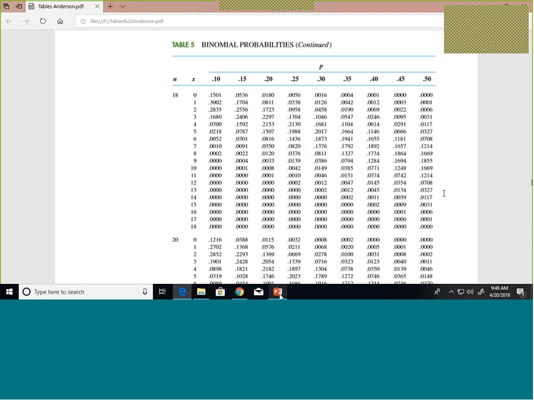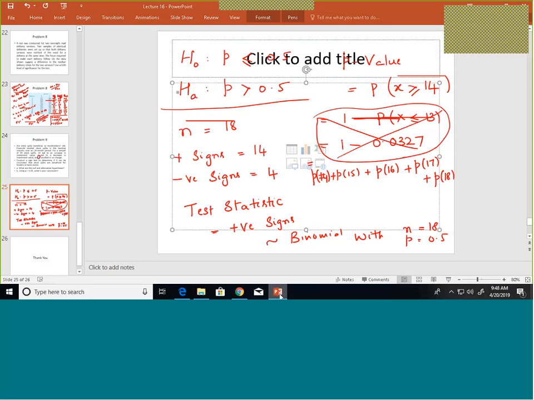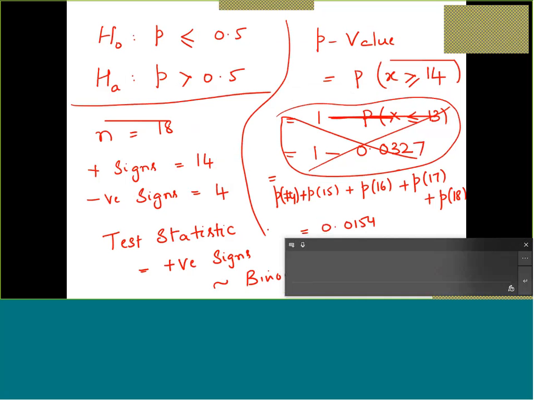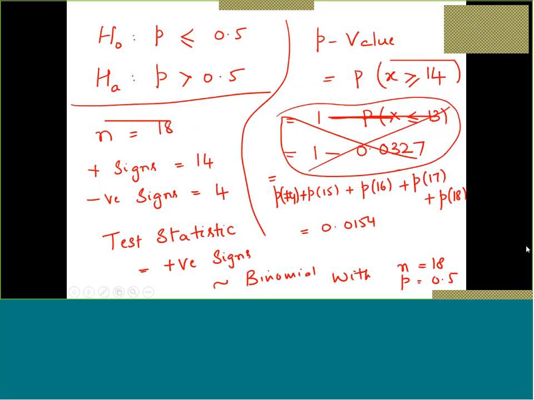So if you add them, you got 0.0154. Right? So just compare p-value with alpha. So if it is less than alpha, we reject H0. Otherwise, we do not reject H0.